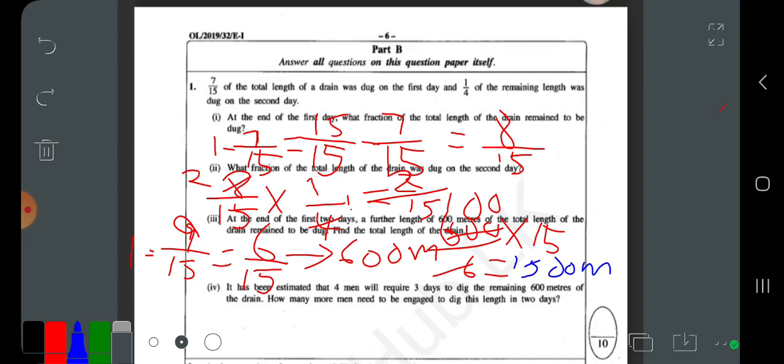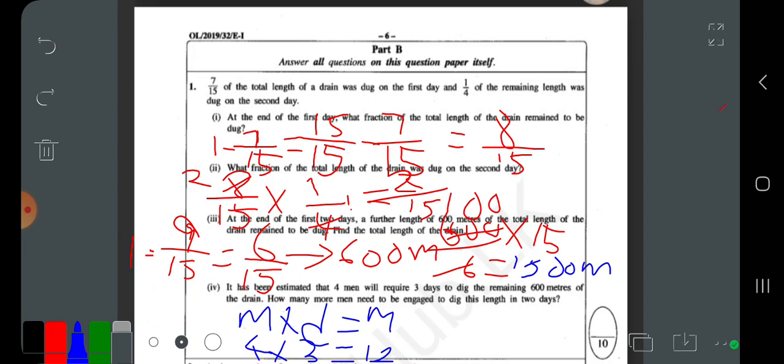The magnitude of the work is found by man days, man into days. You already studied this. So man days is 4 into 3. 4 3s are 12, so the work's magnitude is 12, right?